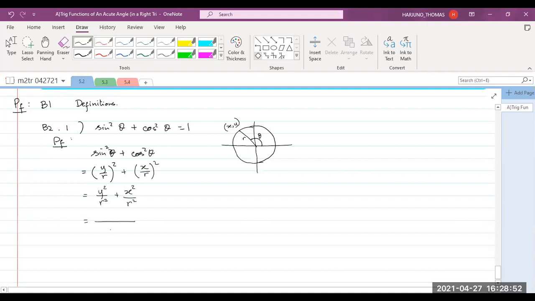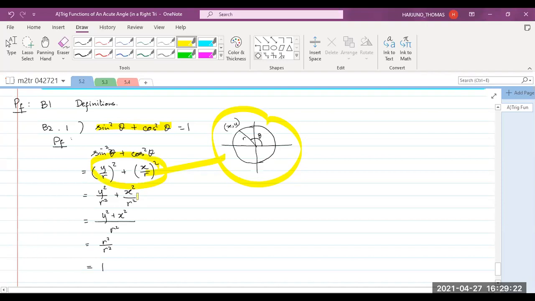But because they have common denominator, we can put them together. And by Pythagorean theorem, y squared plus x squared is r squared itself, which is equals to 1. So the left-hand side, which is sine squared theta plus cosine squared theta, okay, using the definition in the rectangular coordinate system, it leads us to have that expression equals to 1.